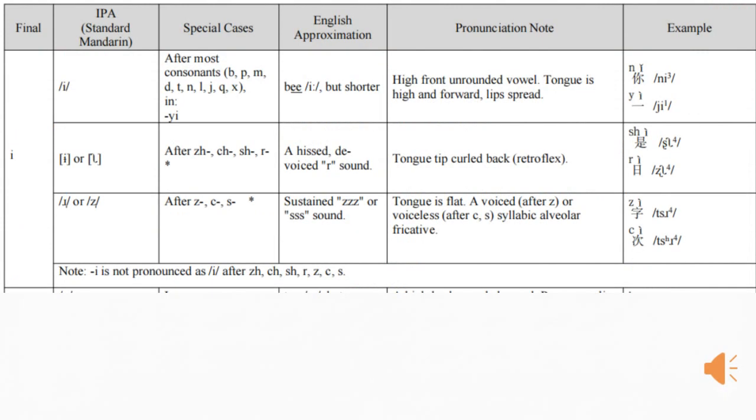Final e is pronounced as e after most consonants, for example, ni or e. Note: i is not pronounced as i after zh, ch, sh, r, z, c, s. For example, shi, zhi, zi, ci.